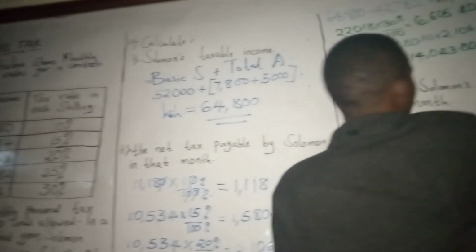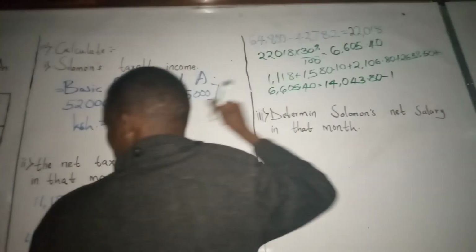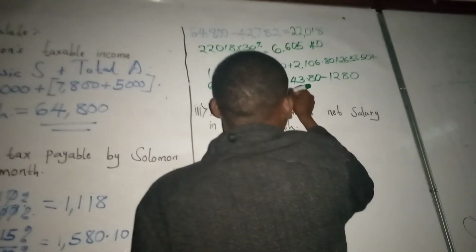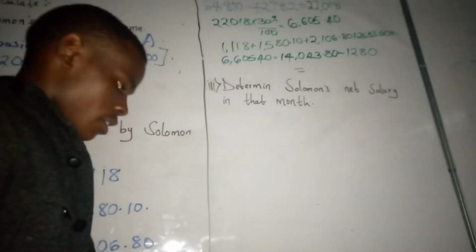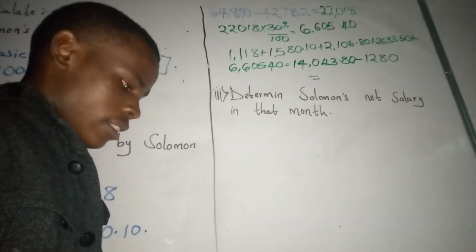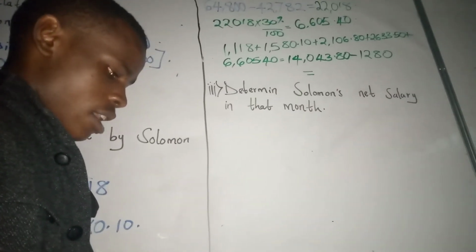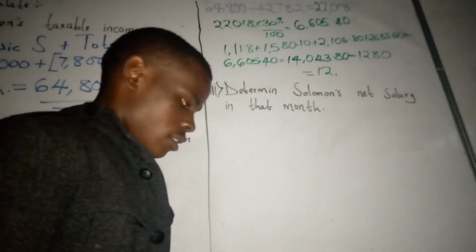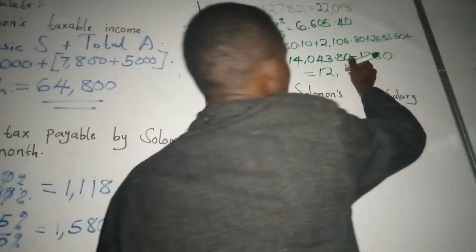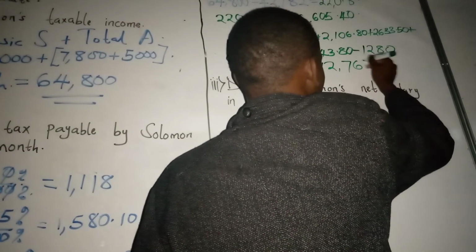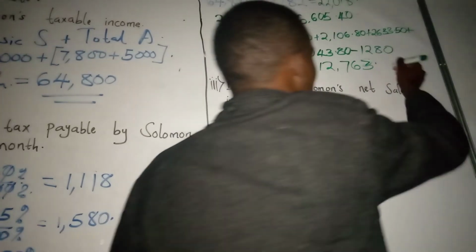So we subtract 1,280, and the tax payable will be 12,763.80.